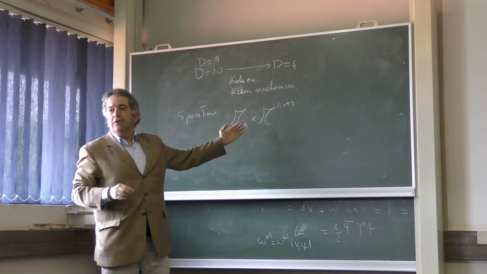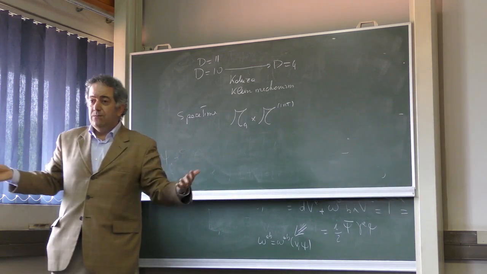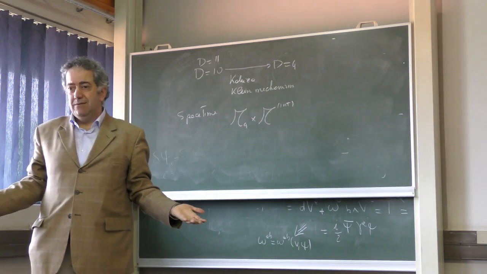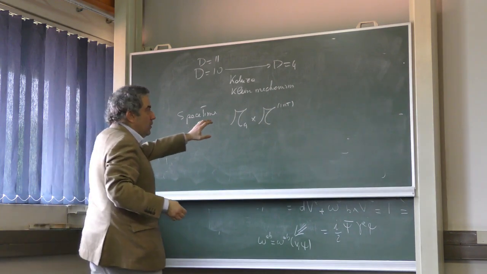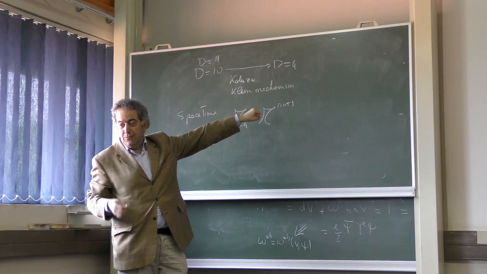The product, in general, could be a warped product of a four-dimensional non-compact space-time, which is the space-time we live in, times an internal compact manifold, which we assume to be small enough, which could be a circle.